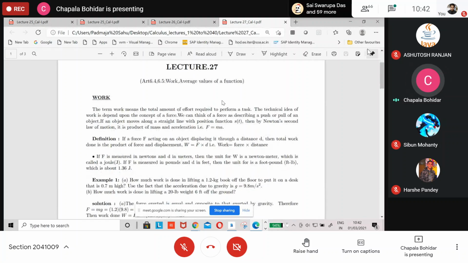Write down this definition. Quickly write it down, all of you know. Then I'll solve your example. I'll proceed here.